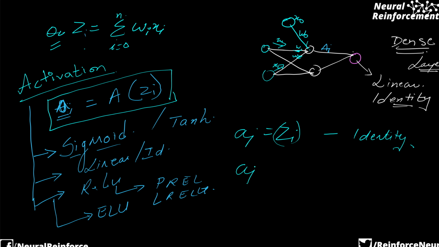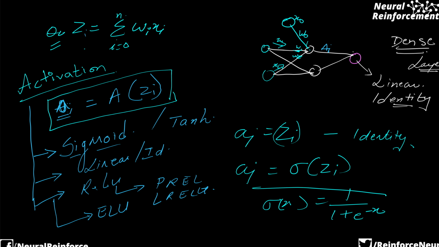And in the case of sigmoid, it becomes a sigmoid function of zi. And what is sigmoid function of x? This is given by 1 upon 1 plus e to the power minus x. So this is sigmoid.